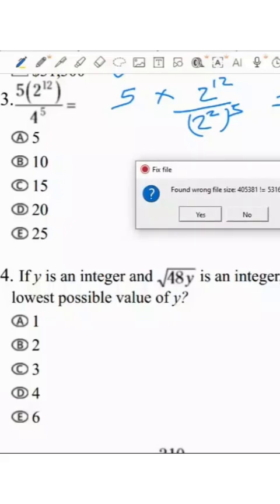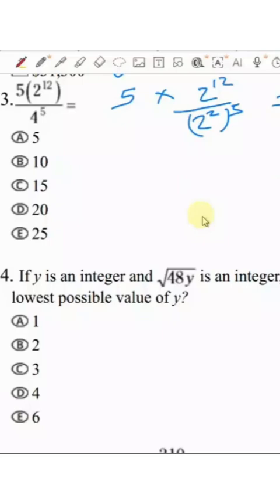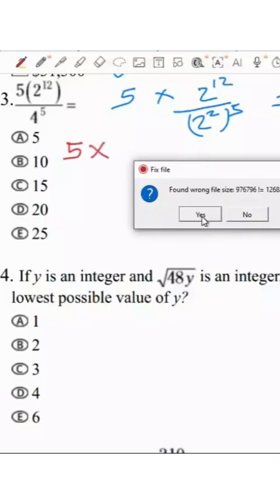We can also see this another way. 5 times 2 raised to the power 12. We can change this 2 raised to the power 12 to 4 raised to the power 6.